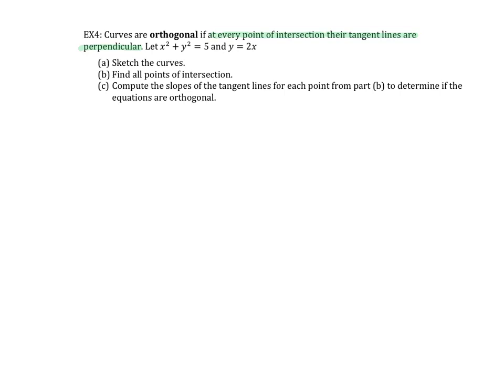So first of all, let's go ahead and sketch these curves. In part A, and this is just a sketch, nothing fancy, x squared plus y squared equal to 5 is a circle, centered at the origin, with a radius of the square root of 5.